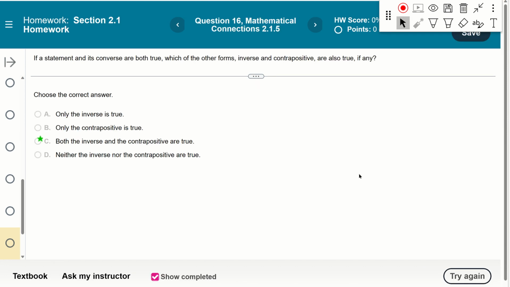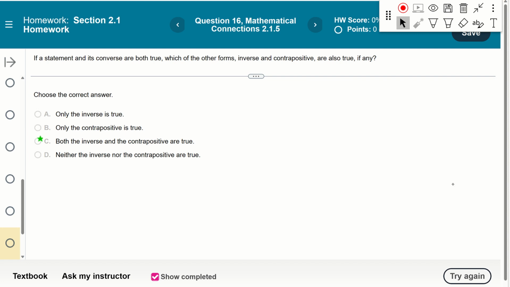All right, so here's an interesting problem. It states that a statement and its converse are both true. That's the assumption. If a statement and its converse are both true, which of the other forms, inverse and contrapositive, are also true? Okay, so this goes back to understanding all four of these concepts.